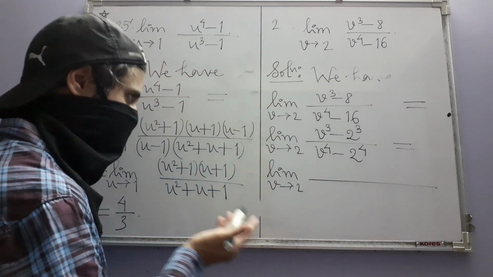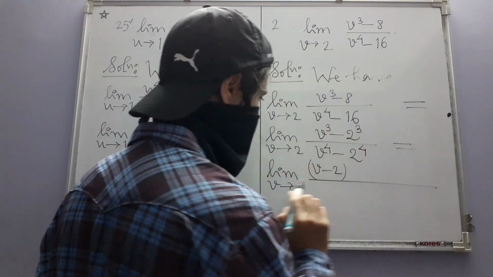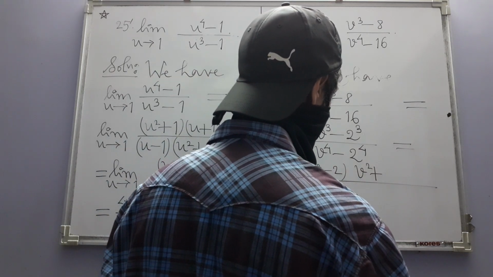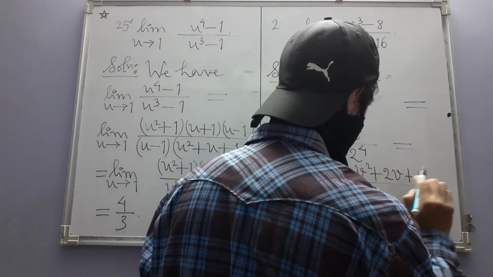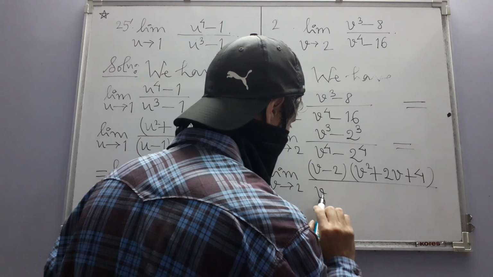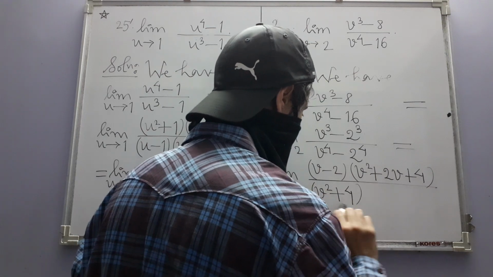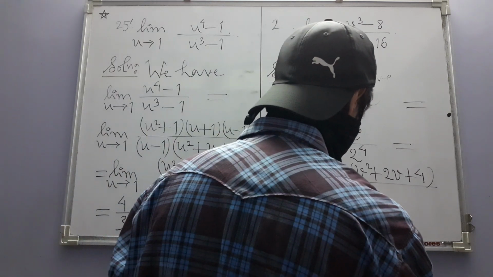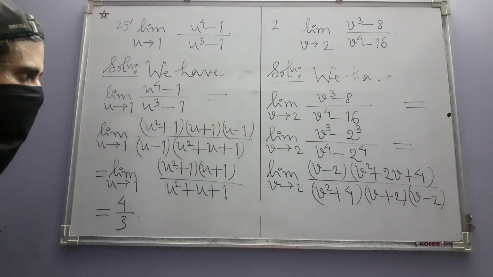So here in the numerator the factorization will go like this: v cube minus 2 cube is v minus 2 times v square plus 2v, that means this times this, plus 2 square, that is 4, and in the denominator this is v square plus 2 square, that means 4, times v square minus 2 square, but that v square minus 2 square itself can be factorized as v plus 2 times v minus 2.